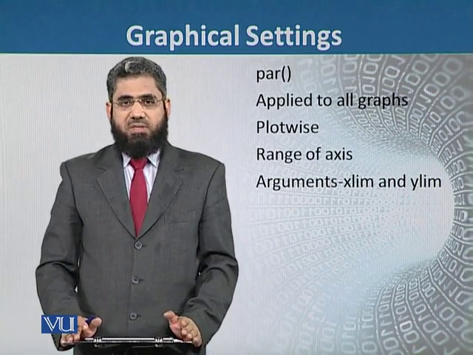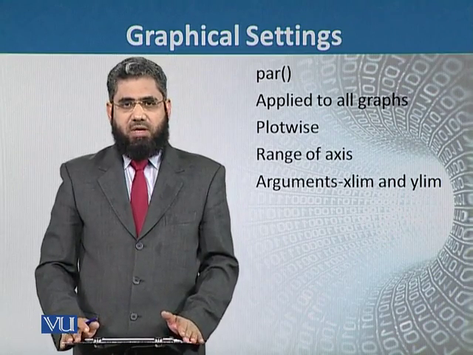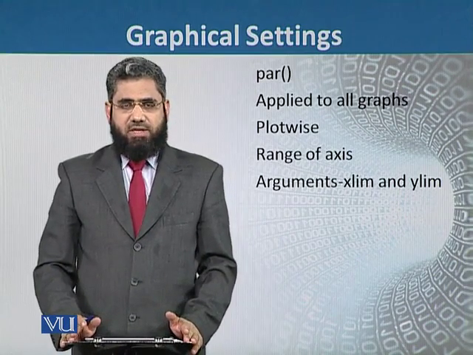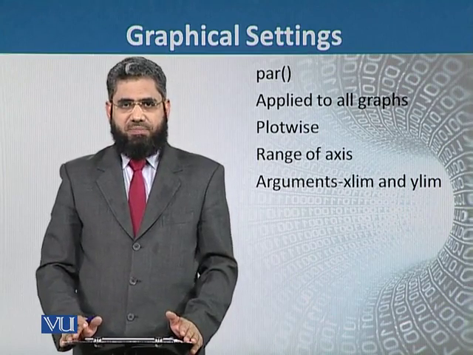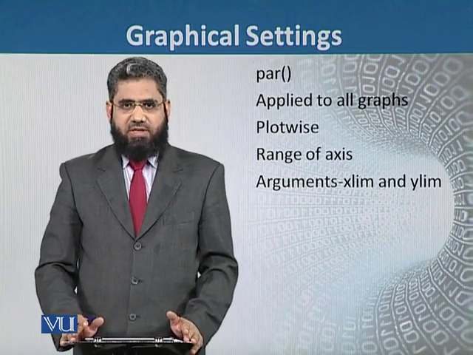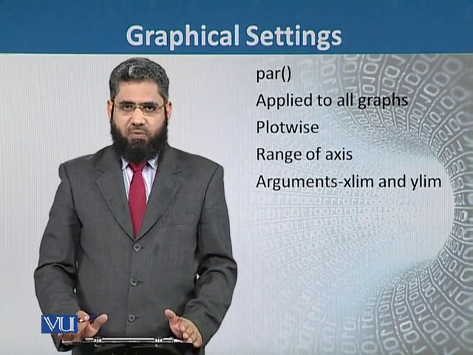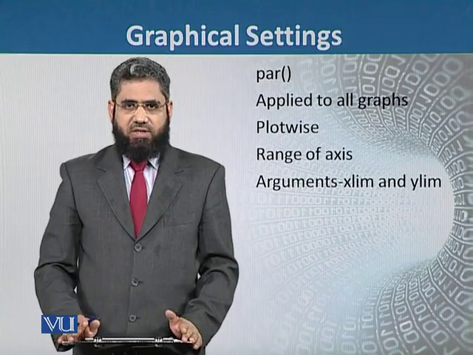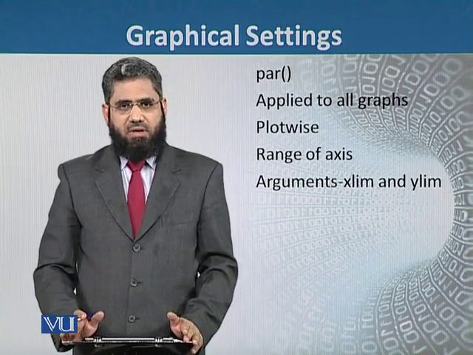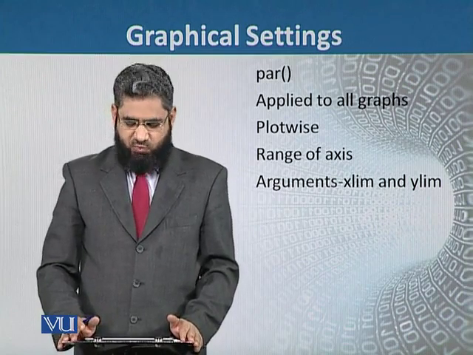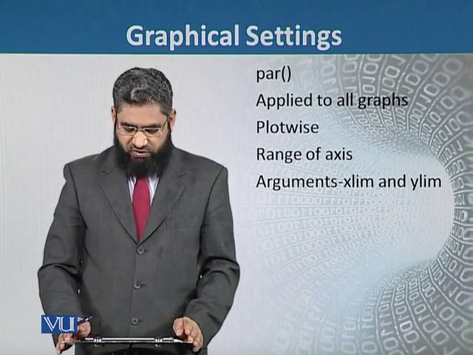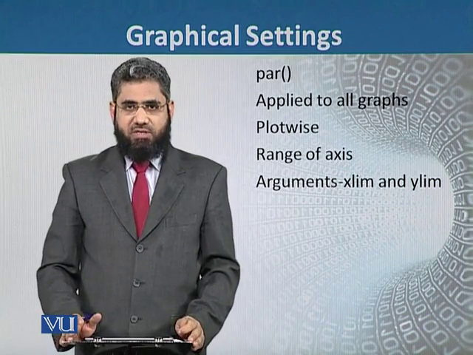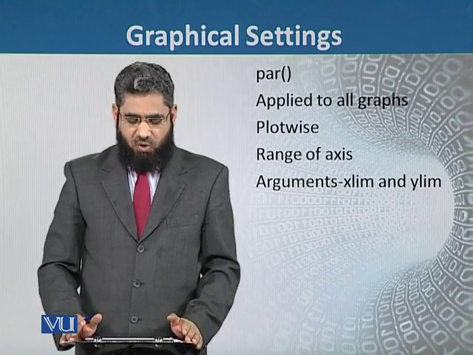These arguments take the values for the two vectors in the X and Y axis, the lowest one and the greatest one for both vectors, and they change the values within the plot that is already present.